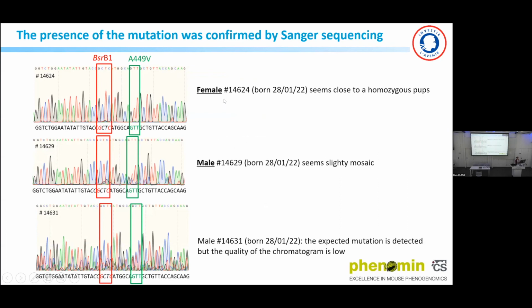So at least one of the females has the missense variant at the expected position, and also one of the F0 males has this single nucleotide exchange at this position. So I think we have been very lucky also. And here the chromatogram is simply bad.